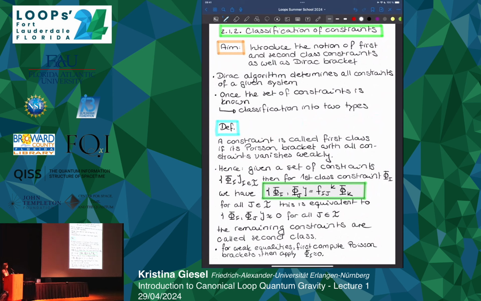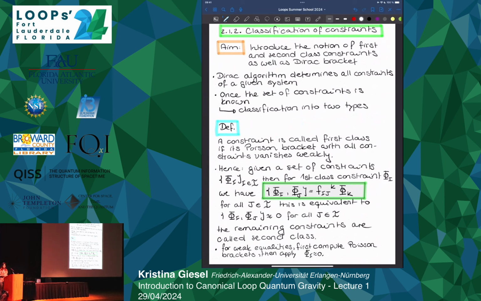We check whether the Poisson bracket of φ_I and φ_J for generic I and J can be written as a linear combination of constraints, {φ_I, φ_J} = f_IJ^K φ_K, with coefficients f_IJ^K that are structure constants. If this is the case for a subset of our final set of constraints, we call that subset first class. Because we have constraints on the right-hand side, in the weak equality on the constraint hypersurface these are abelian.